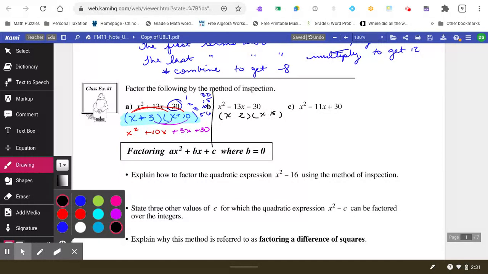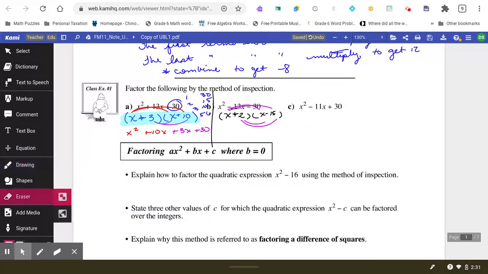If I choose 2 and 15, I need there to be a -13, so I have to owe 15 and have 2. That works for the -13 part. Does it give me a -30 when I multiply? Yes, +2 times -15 is a -30. So we're all good.